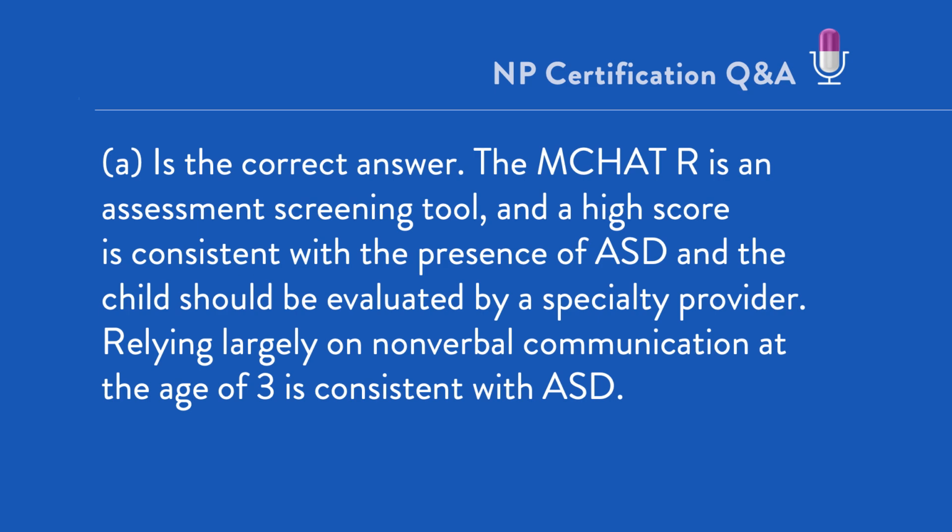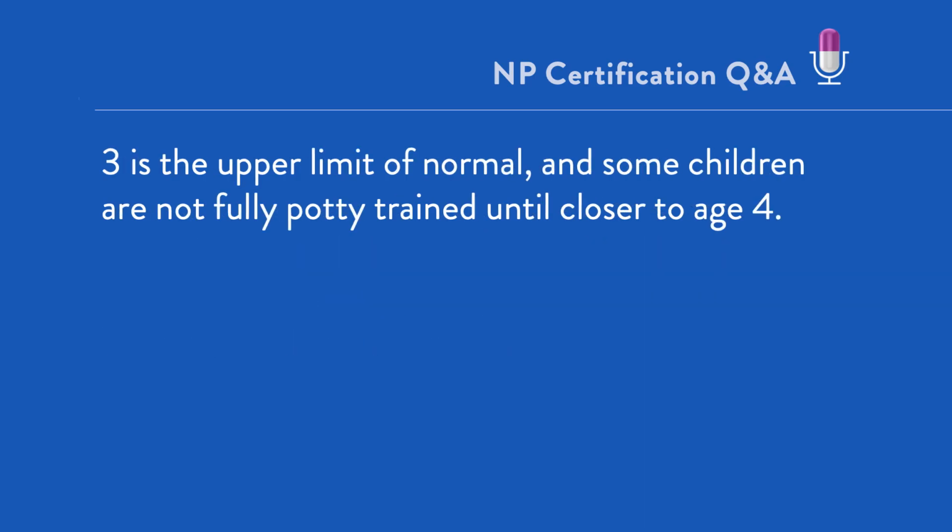There's a different concern there, and it does need to be evaluated. And the child still not being potty trained at the age of 3, while it might be a hair frustrating for the parents, it's really not considered abnormal. Some kids are not fully potty trained until they reach the age of 4 or closer to 4.